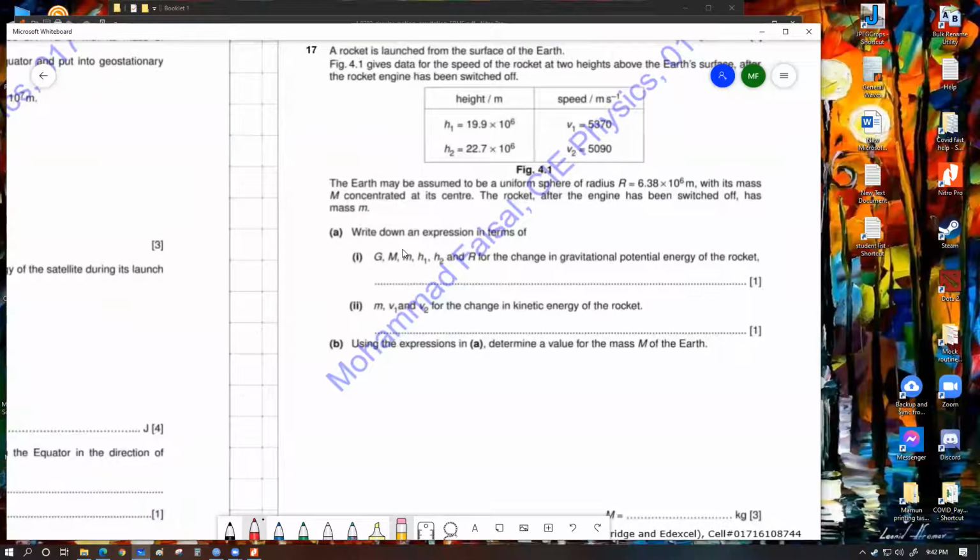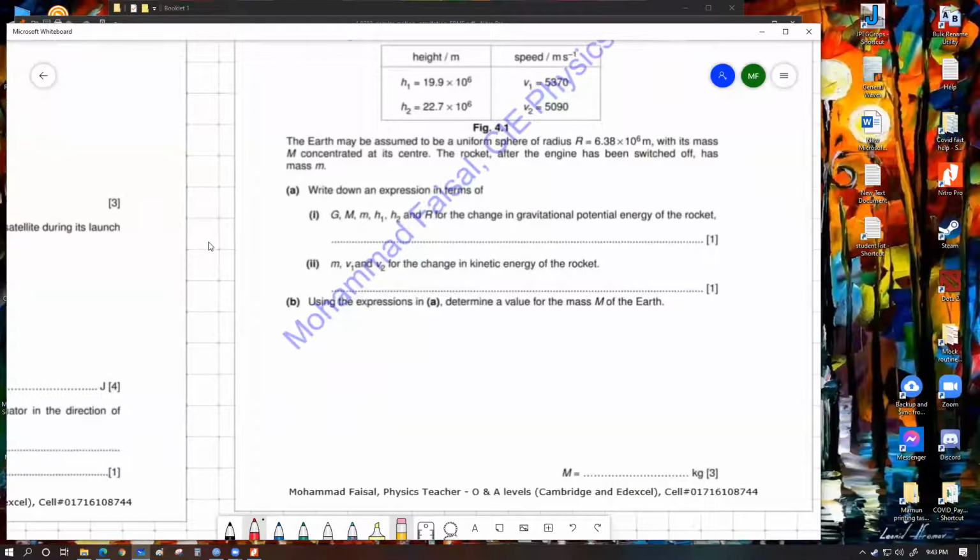What I need you to understand is that the rocket is launched from the surface of the earth. So the rocket basically moved from a closer height to a further height. So this is your final position and this is your initial position. These two values are heights from the surface. So if you are trying to get the distance from the center, you have to add the radius to both of these values. So I might write this expression in this manner.